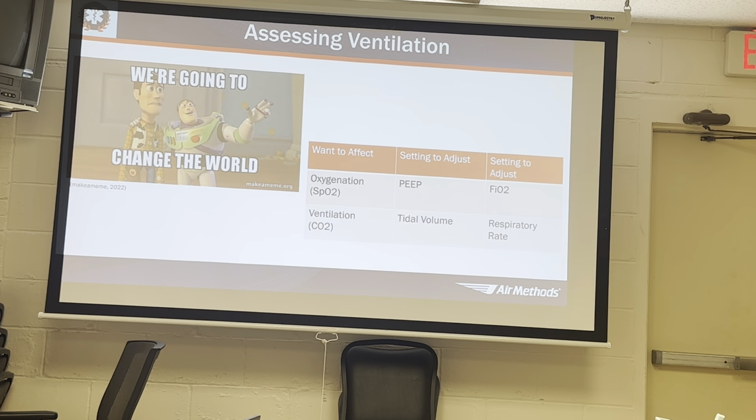You're also recruiting more tissue, but then you also have the downside that this patient's at a higher pressure than they were before. There's flip sides to everything, but generally if a patient's not oxygenating well, we'll increase their PEEP. If they're not already at 100% FiO2, we'll increase that FiO2. Those two factors really increase oxygenation.